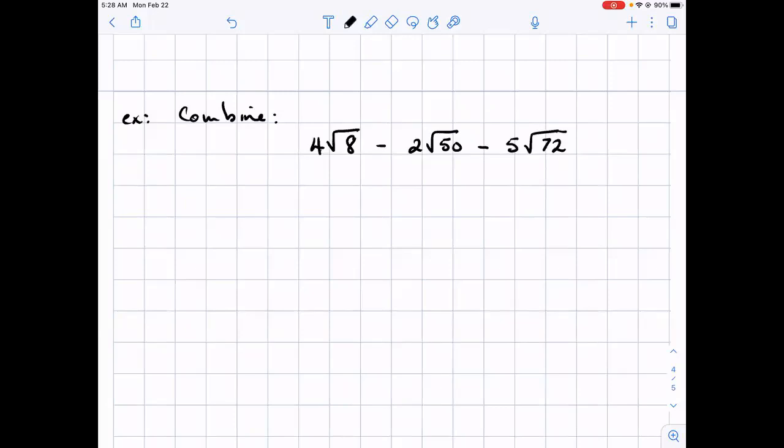So notice my index are all the same. That's the first step. If my index are the same, we're fine. We can simplify this more than likely.